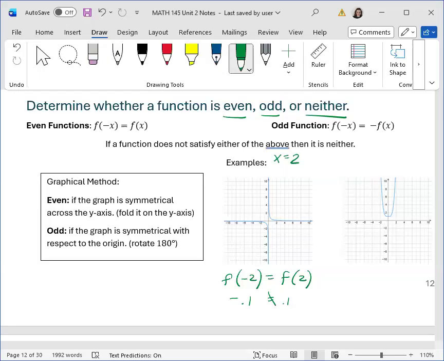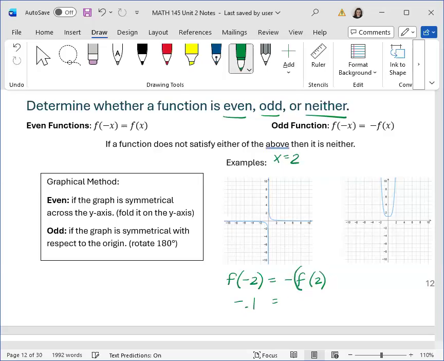Let's check if it's odd instead. All right, I'm going to erase since there's not a whole lot of room there. I'm going to stick with that same x value, x of 2, but looking at the odd definition, if it's odd, f of negative 2, the x value that I picked, has to be equal to the opposite of f of 2. Okay, so if I look at the function where x is negative 2, again, that was like negative 0.1.